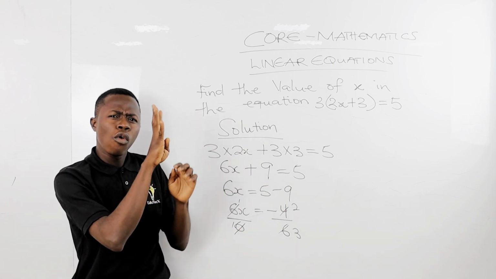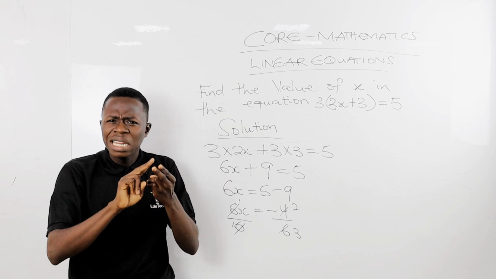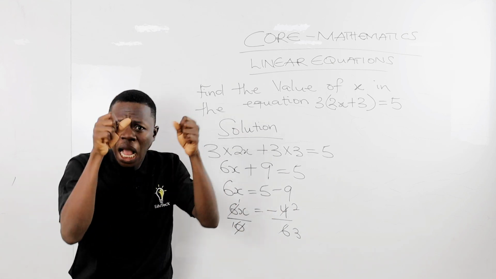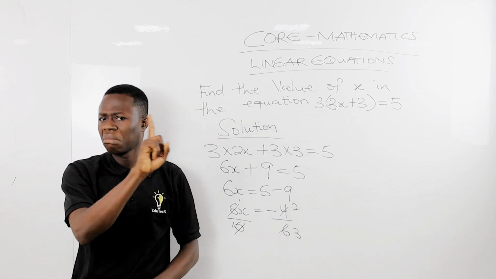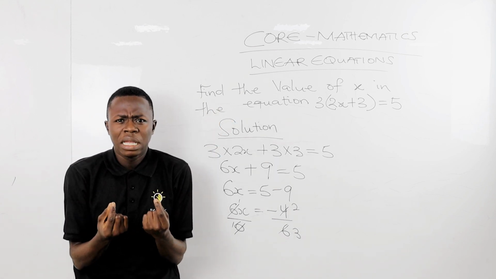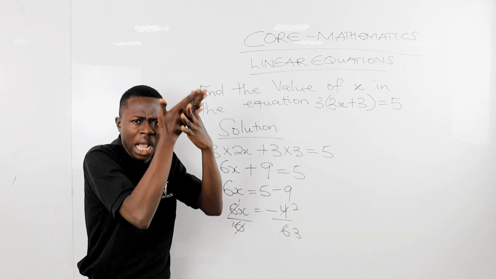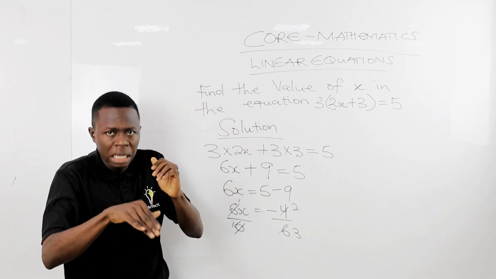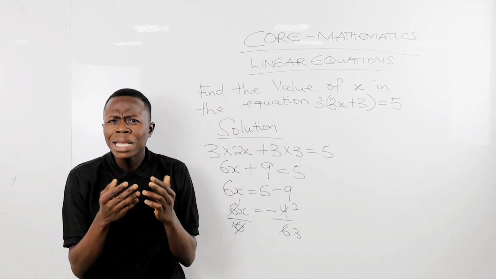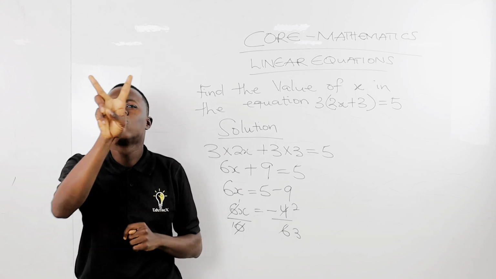Then to the right hand side, we have -4 divided by 6. And can 6 divide 4? No. So we need to find a common factor that divides both 4 and 6 at the same time. And then the number that can is what number?